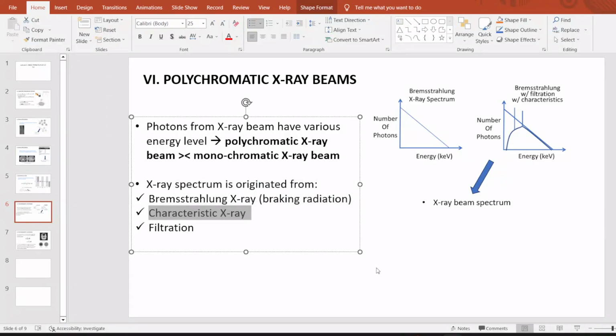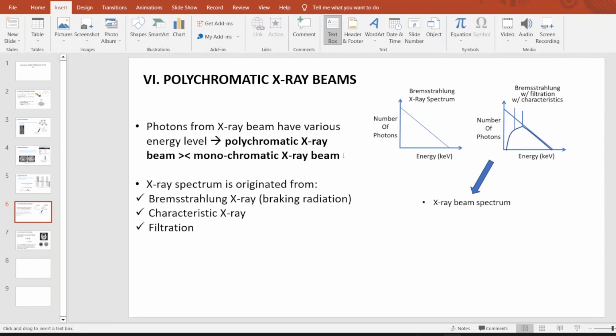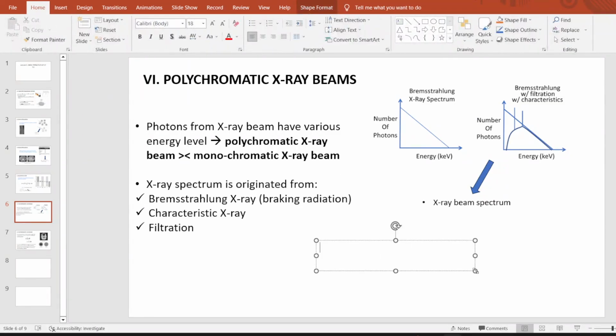Let me show you in words. An electron from the cathode with high energy, high speed, meets and kicks a low energy electron in the anode material.